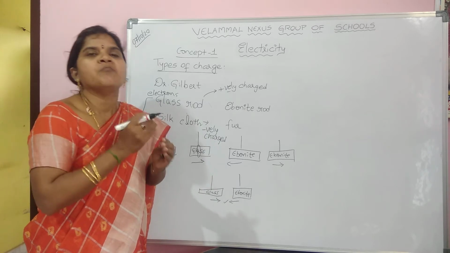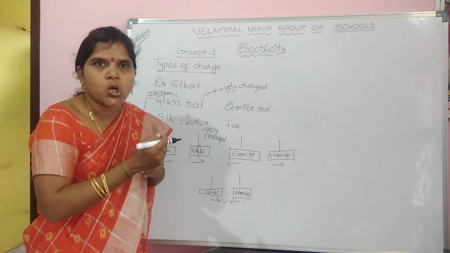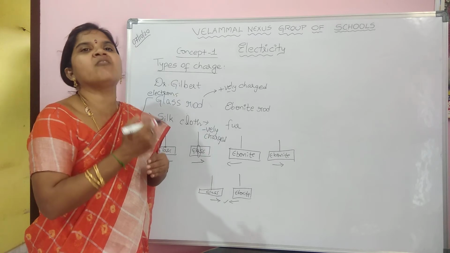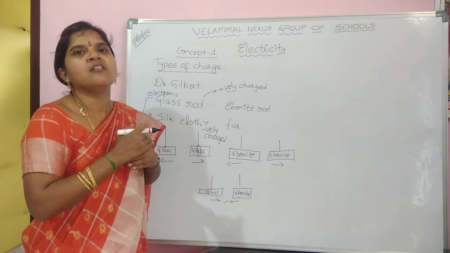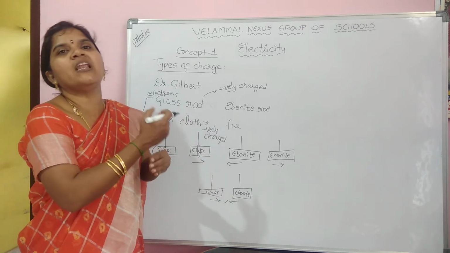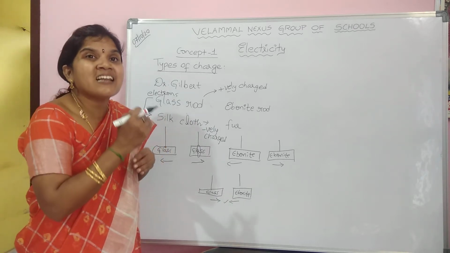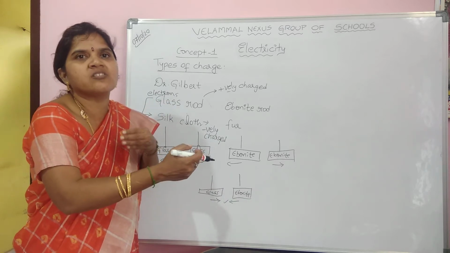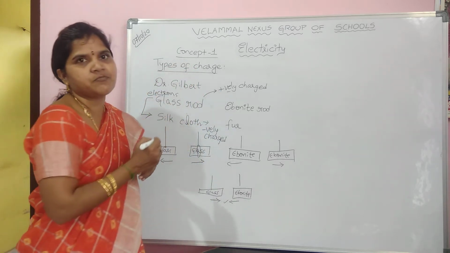I repeat once again. When glass rod is rubbed with silk cloth, due to friction, a charge transfer takes place. How will the charge go? The outermost electrons of glass rod will enter into the silk cloth. As the glass rod loses electrons, it becomes positively charged.